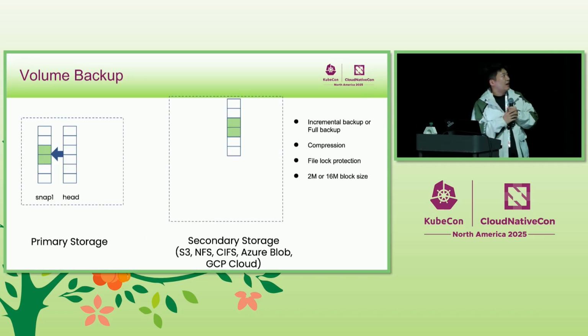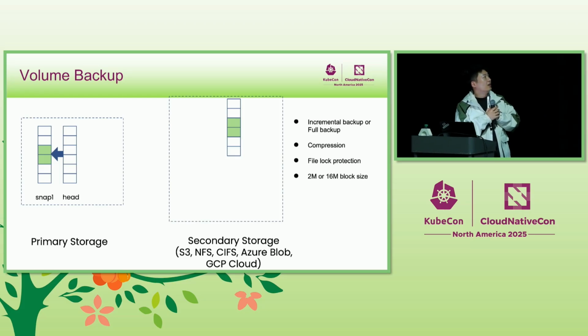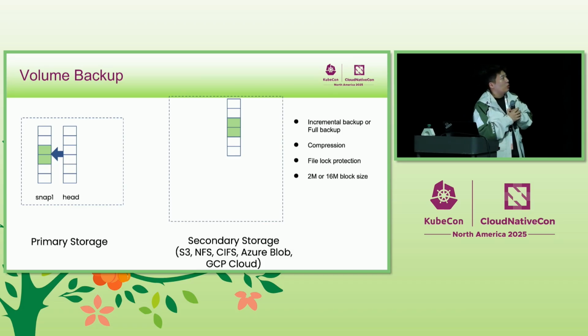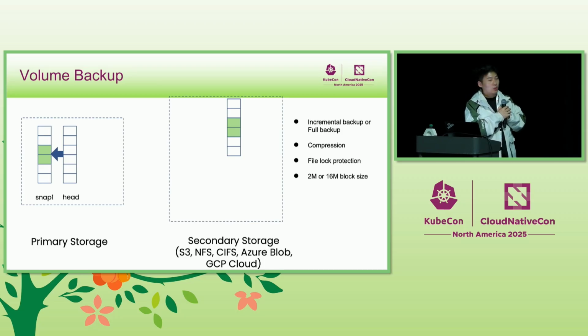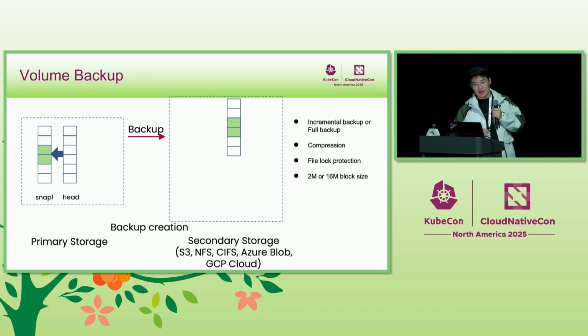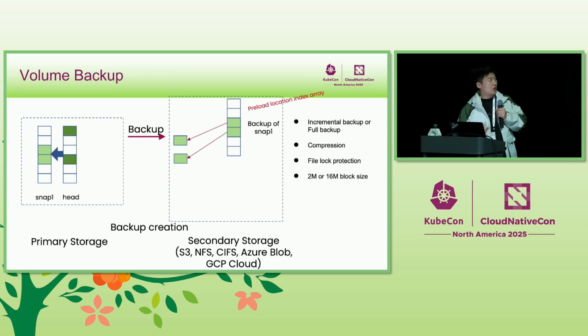Then, based on this snapshot design, Longhorn can deliver the corresponding incremental backup feature. Let's say at this moment we want to back up the current snapshot 1. We will figure out the corresponding data blocks and upload the data blocks onto the remote backup target.